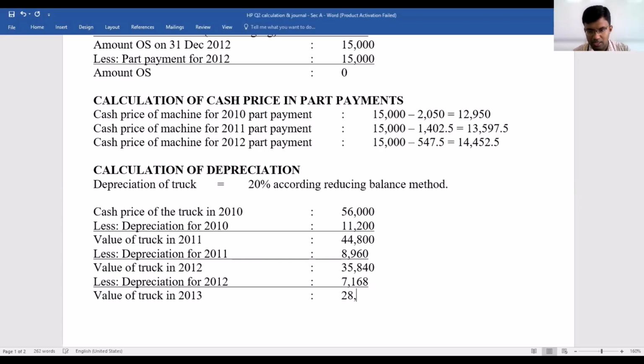That will work out to be 28,672. So that we have computed, and we are only interested in the first 3 years, for which we have already calculated the interest.